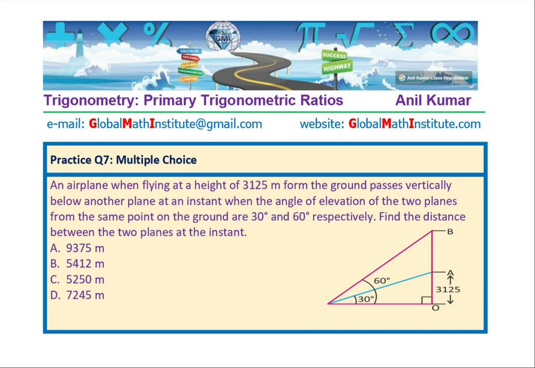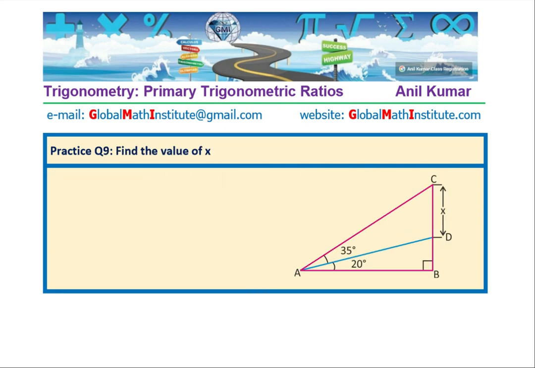Find the distance between the two planes. You get the idea. So these are two airplanes. Do you see that? We need to find this distance between them. Very interesting question.